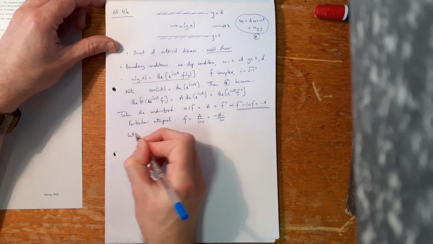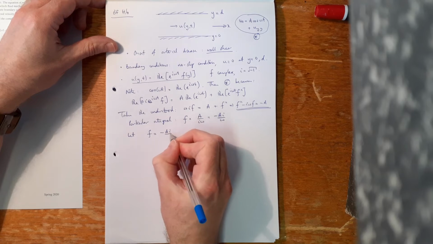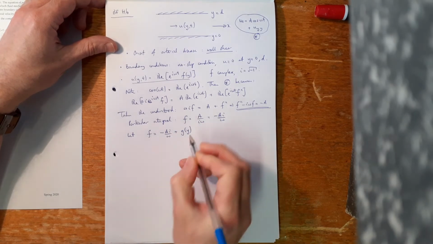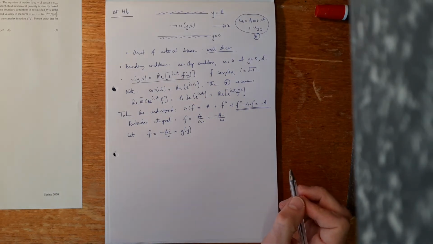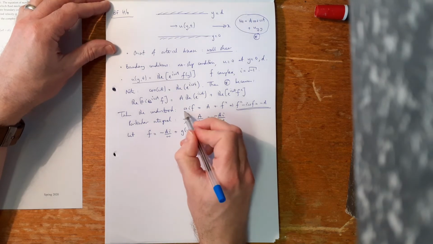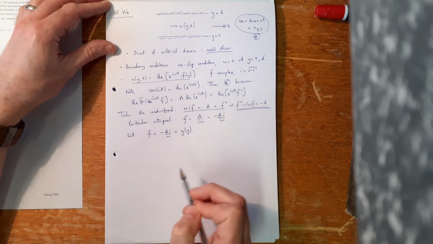So with that in mind, let's make a new definition. Let's write f is minus ai over omega plus g of y, and we'll try and determine what g is. So we substitute back into our f equation here. The a is going to disappear now because of our particular integral.